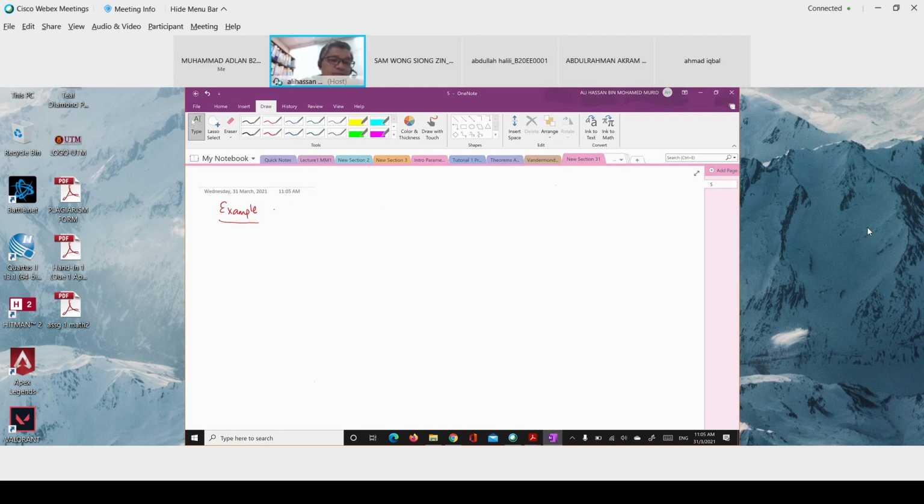Given z equal to x ln y. So z is a function of two variables x and y here. Suppose x in turn is equal to u squared plus v squared, so x is a function of u and v, and y is equal to u squared minus v squared.